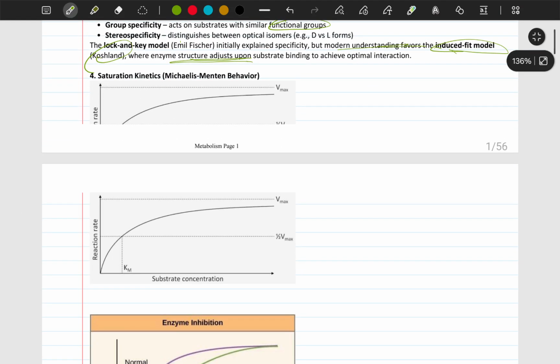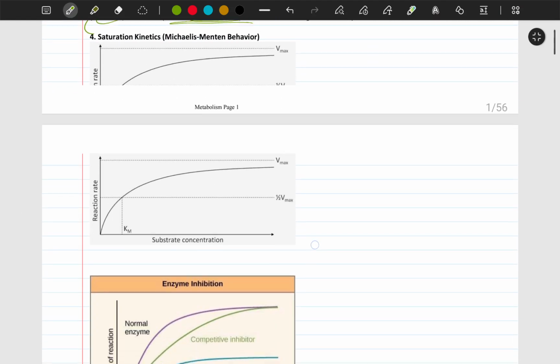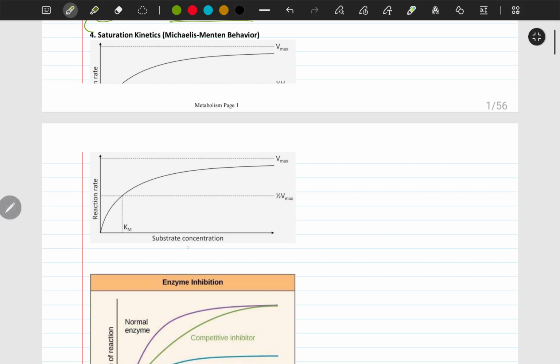Next is saturation kinetics, Michaelis-Menten behavior. What is happening? We see substrate concentration on the x-axis and reaction rate on the y-axis. So the curve goes like this: concentration of substrate versus reaction rate.